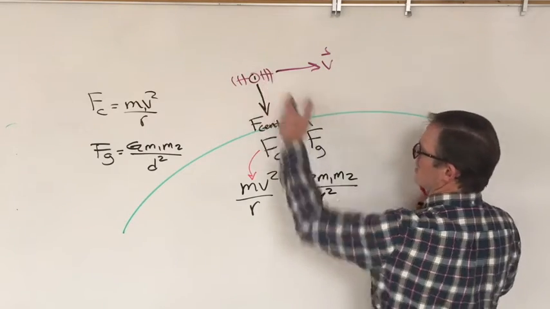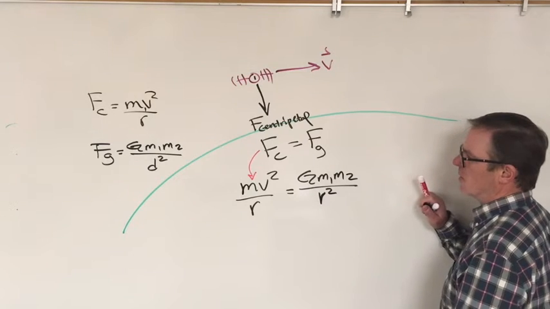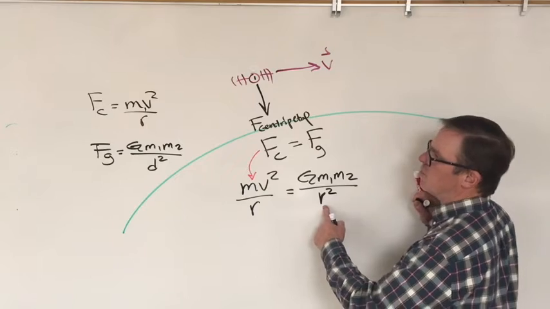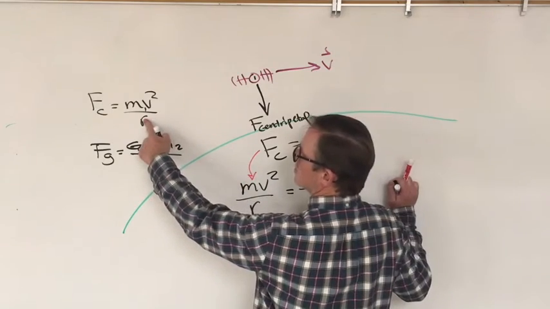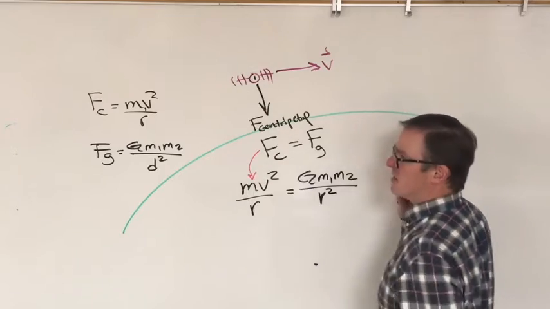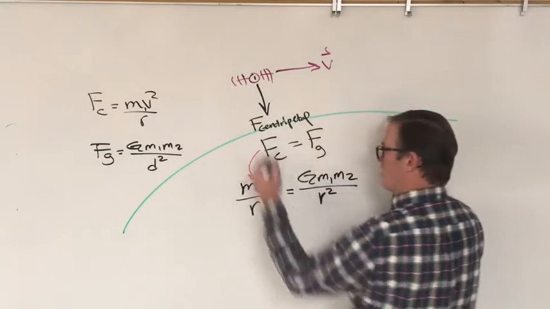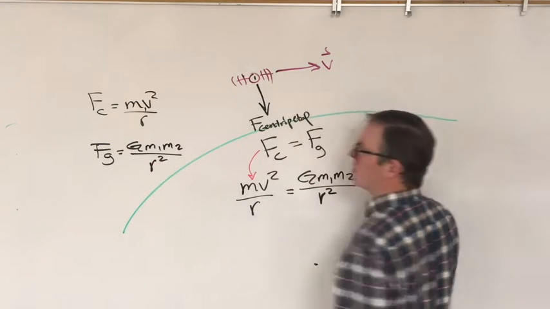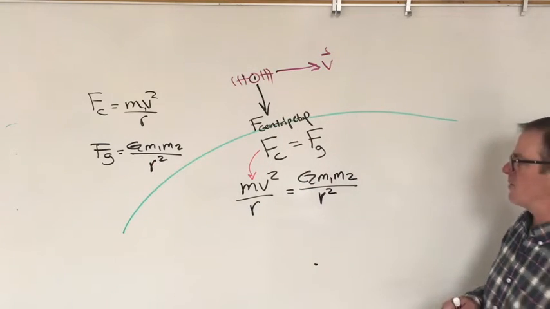I'm just saying this is a low orbit. Either way, these are the same number. The radius at which this centripetal force acts is the center to center distance. So for the sake of argument, let's just start using the r notation.